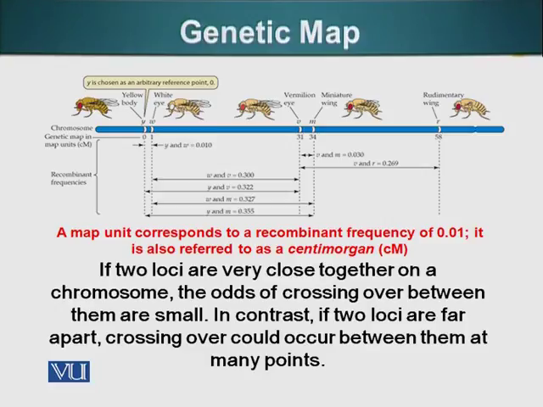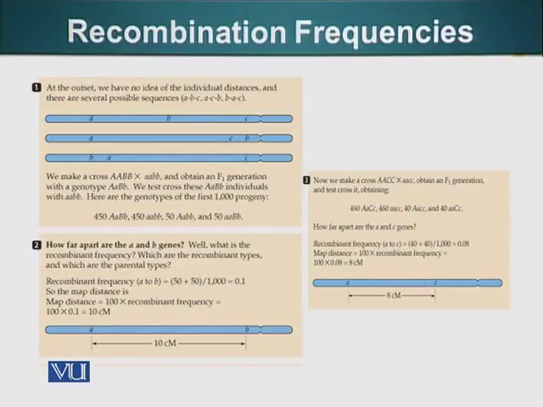If the distance between two genes increases, so does the probability of recombination between these two locations. Using this information, scientists were able to make genetic maps, which are the relative positions of genes on a chromosome.